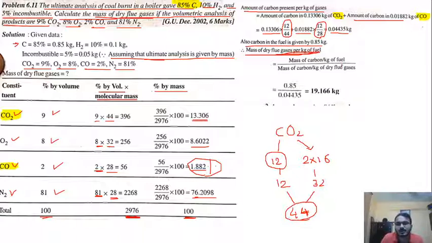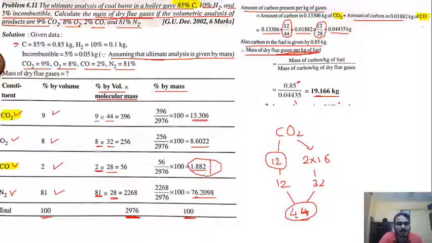When you take this ratio, we get the mass of dry flue gases per kg of fuel. Once we take 0.85 present in fuel, and we have obtained 0.04435 kg of carbon per kg of gas, ultimately we get the mass of dry flue gases, that is 19.166 kg.